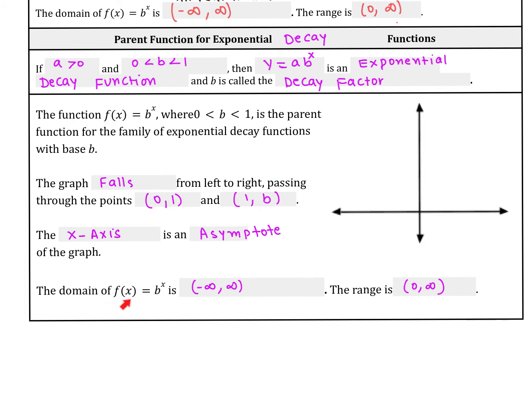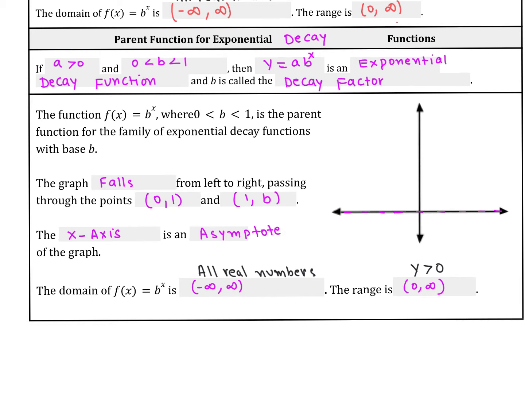The domain of f of x equals b to the power x is negative infinity to infinity, which means all real numbers, and the range is 0 to infinity, which means that y is greater than 0, or the graph will stay above the x-axis. Now this is the x-axis line, which is an asymptote.